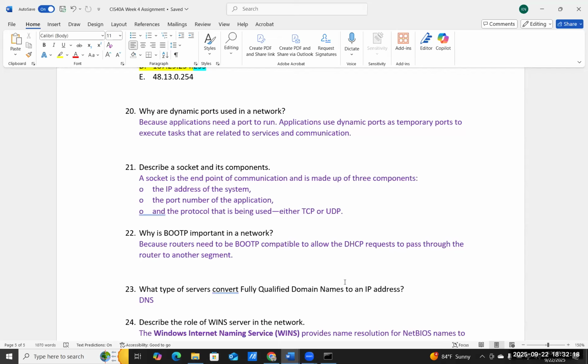And then eventually I'm going to be able to obtain an IP address from my company's server, to be able to connect like I connect on my desktop at work. So your router needs BOOTP to allow the DHCP request to pass through the router to another segment. And so if you set up your router to handle DHCP requests across the network or coming in from an external network, you need to make sure that this protocol is available or configured.